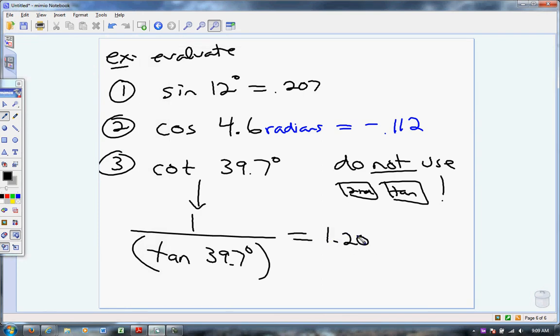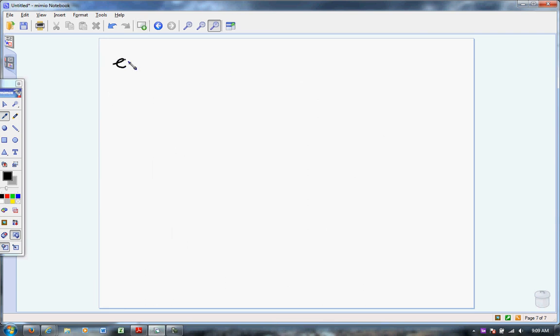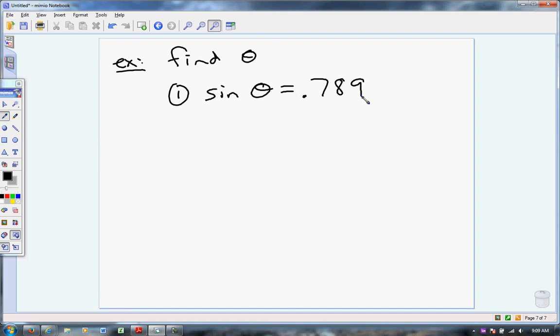One more thing, and that is if they ask you to find the angle, find theta. Let's say they give you the sine of theta equals 0.789. This is where you use second sine. All right?